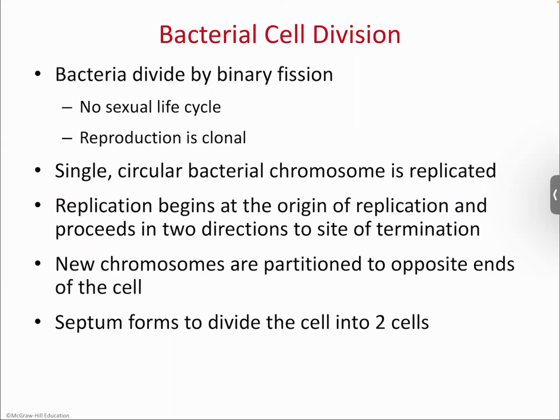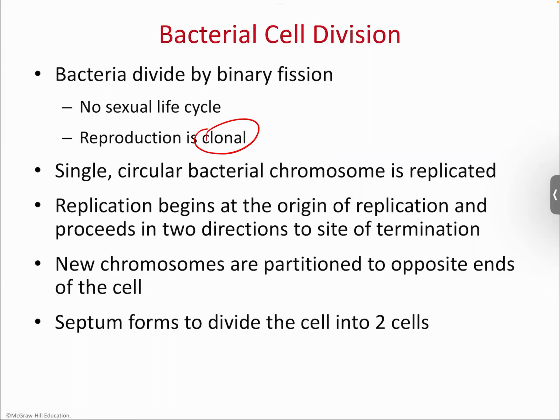So let's take a look at bacterial cell division. We're going to take a look at the simplest first, then we're going to get more complicated. Bacterial cells are single-celled organisms. They don't have a sexual life cycle, so they are basically clonal in nature, and they divide by a process called binary fission. We're going to take a look at this in just a second.